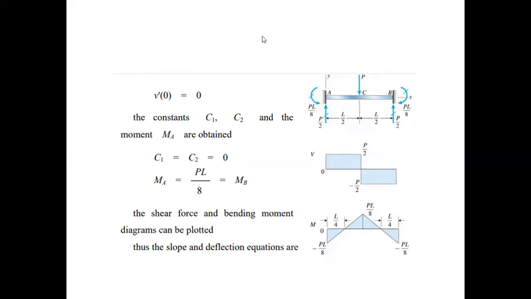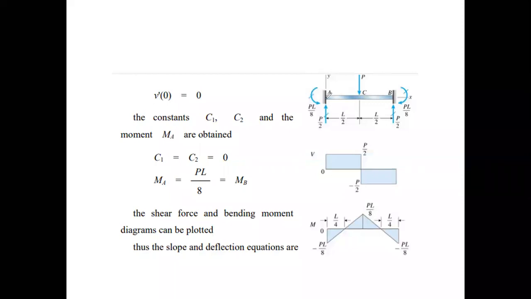Deflection of end support A will be 0, deflection of end support B will be 0. Obviously, because there is a fixity at both ends, it will not be able to deflect at the ends.